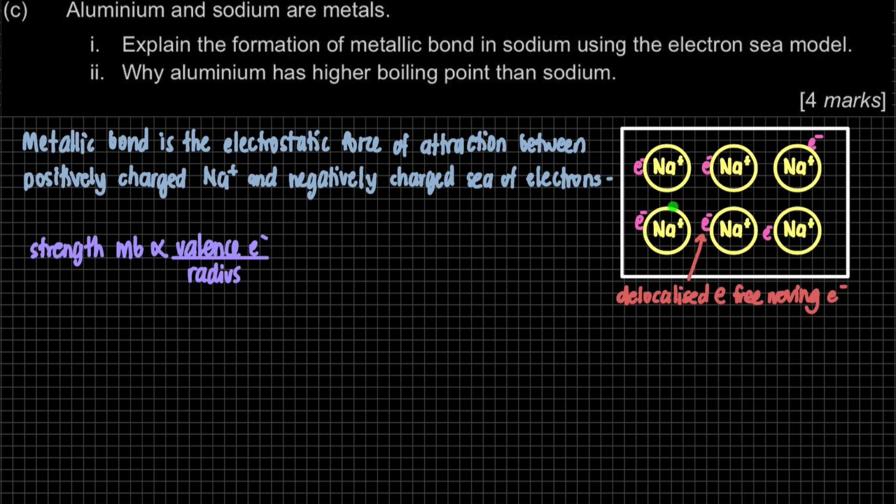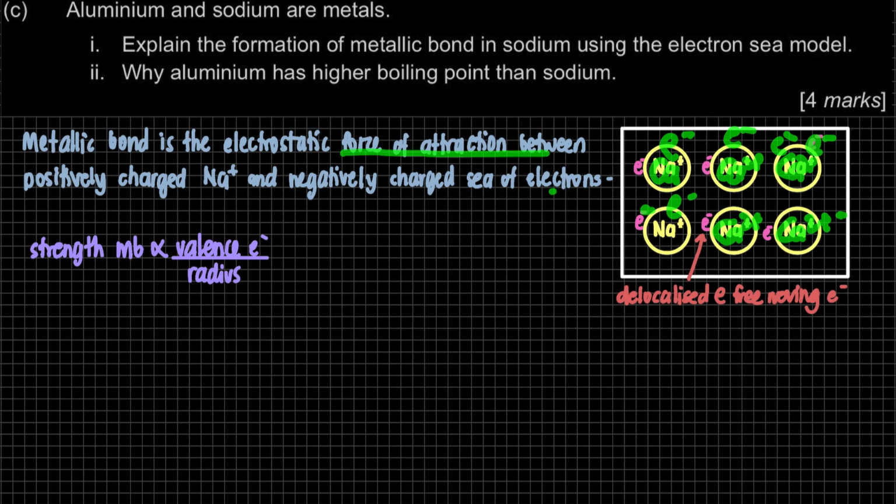For example, if I have many electrons, say I have calcium, the number of electrons is increasing compared to Na+. Since we have many electrons present, there is a higher or stronger force of attraction between the cation and the electrons. The more negative charge, the stronger the attraction.